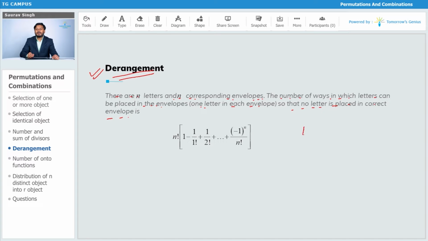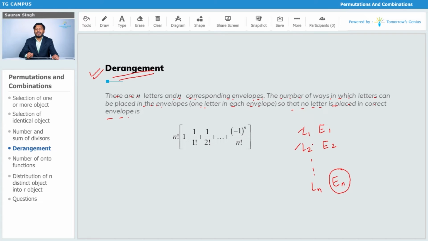So for letter 1, let's say we have corresponding envelope 1. For letter 2, we have corresponding envelope 2. For letter n, let's say we have corresponding envelope En.